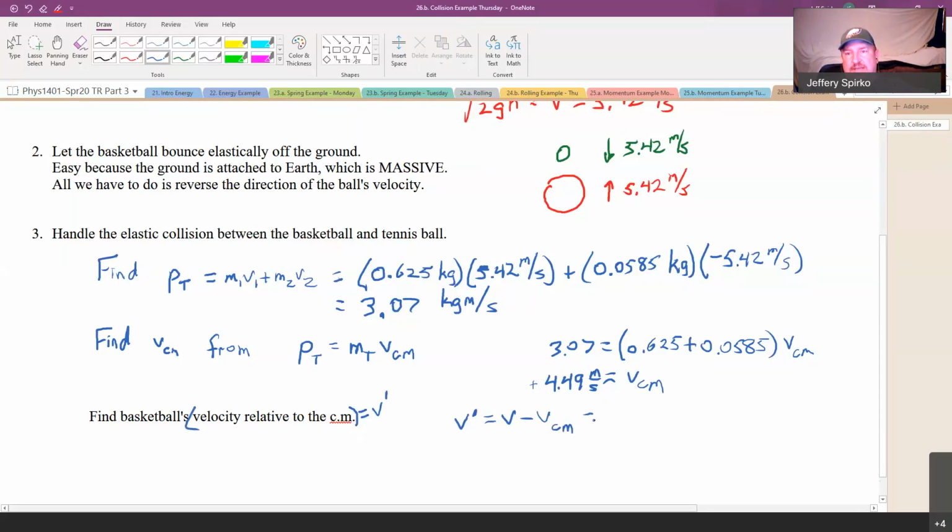So we just take the basketball's actual velocity, 5.42, minus the center of mass velocity, 4.49, is equal to, so this would be V1 initial prime is equal to the regular V1 initial minus the center of mass velocity, 0.928 meters per second.